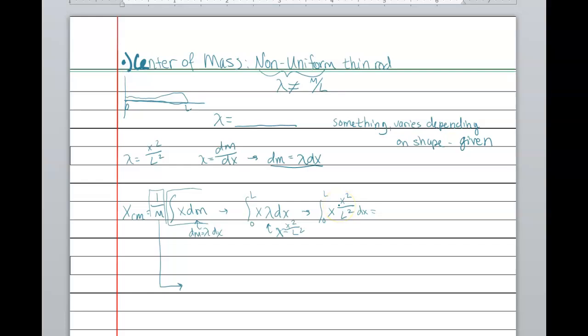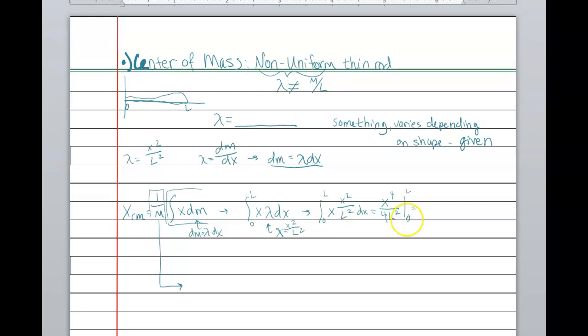When we take the integral of that, we're going to have x to the fourth, because we add 1 to our exponent and then divide by that exponent plus 1, and L squared is still there hanging out. We could kick them over to the other side, but it's going to come back together anyway, so I didn't want to. We're still going to evaluate that from 0 to L.